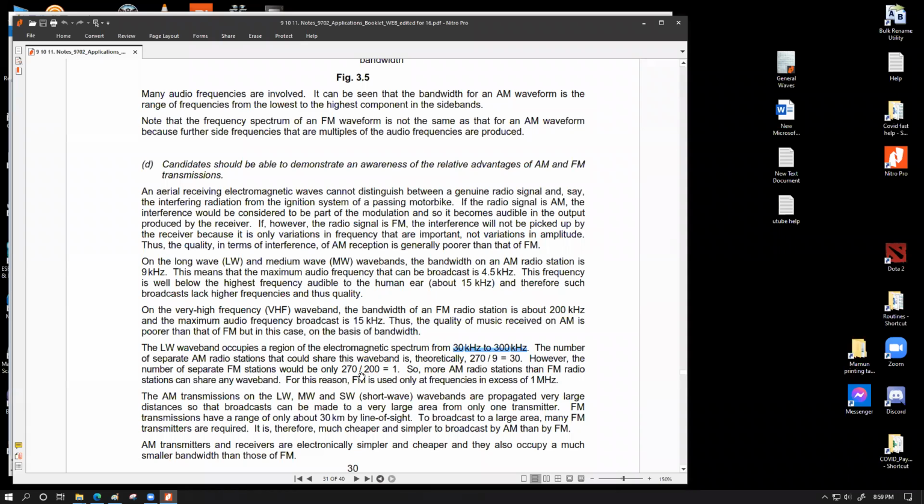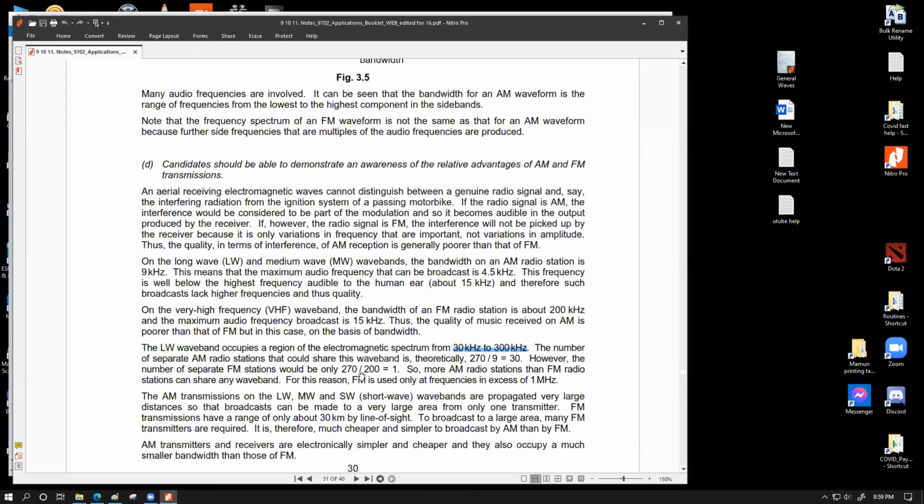So for successful communication, we can operate a maximum of one FM station within the 30 kilohertz to 300 kilohertz range, because the bandwidth requirement for one FM station is 200 kilohertz. So 270 divided by 200 equals 1. In this case, this one means maximum 1. You can have 1 point something, but you can't have a fractional station, so they have reduced it to only 1.